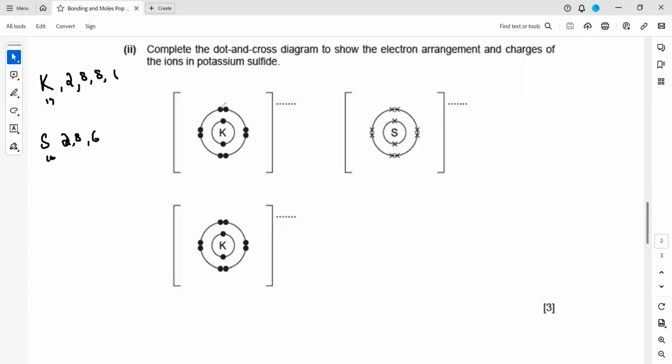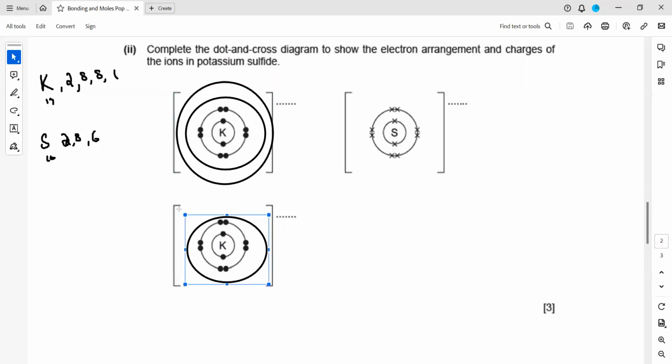We have to draw the missing shells, up to the 4th shell, so it will be 2, 8, 8, and then there's 1.